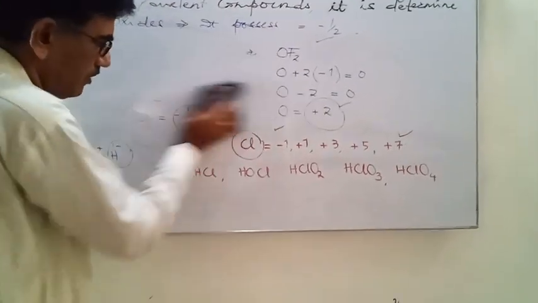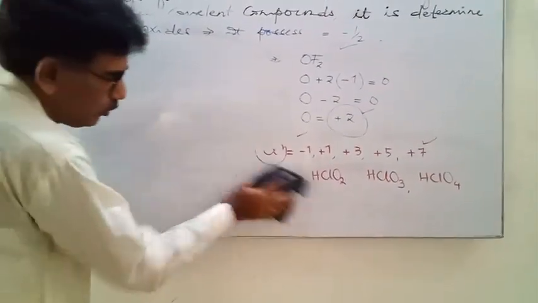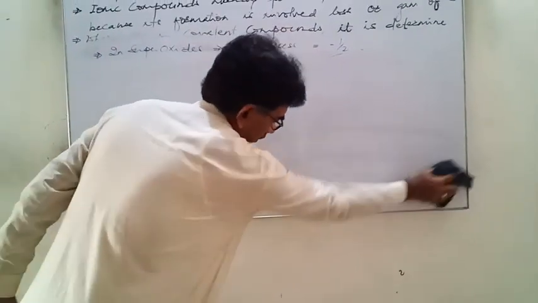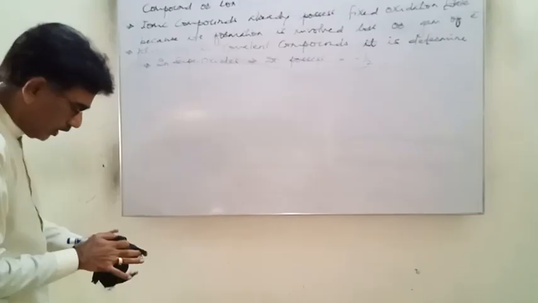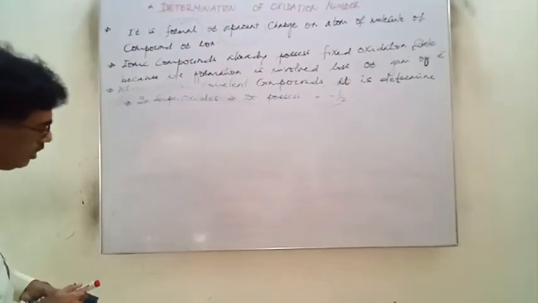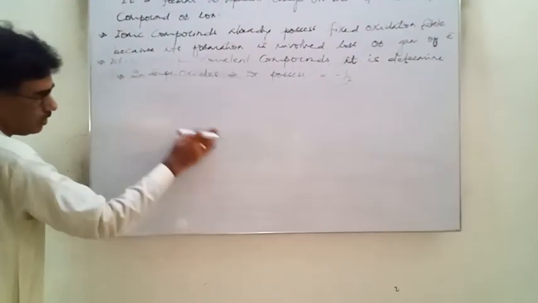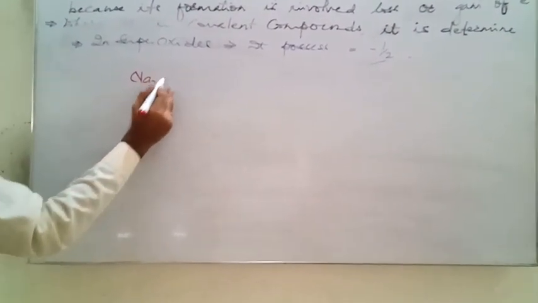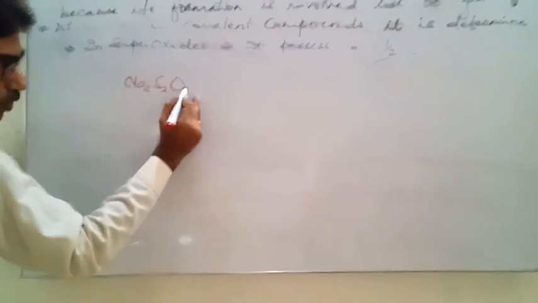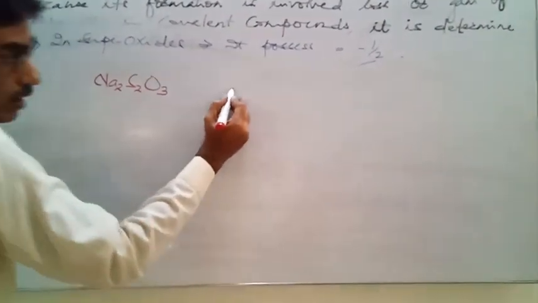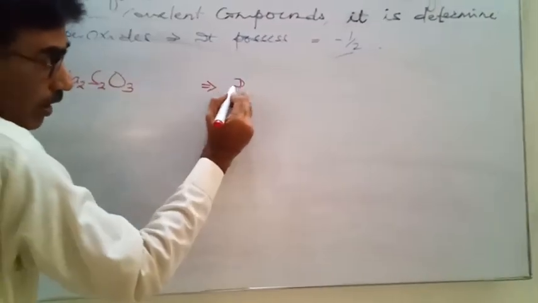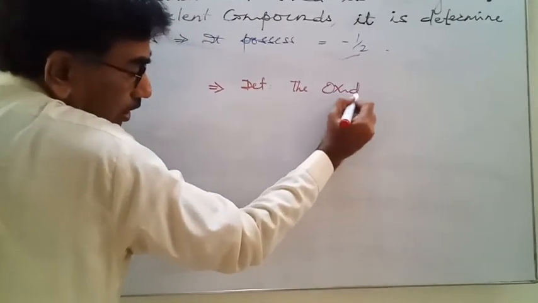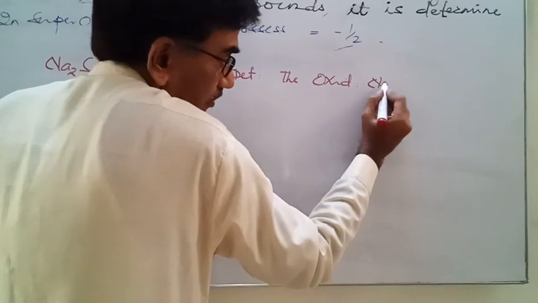Again, we have to follow certain examples in which we can determine the oxidation number of any element. In those examples we first take sodium thiosulfate. Here you are asked to determine the oxidation number of sulfur.